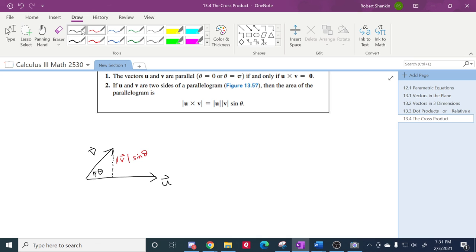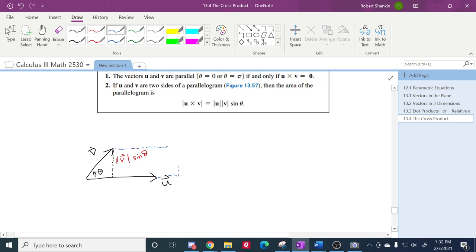Alright, so what we're going to do is if I multiplied this length, which is magnitude of U, times this, I'm going to get a rectangle. And the rectangle would be the length of this, bring it over. I have this little bit of distance, I got to bring that over here.